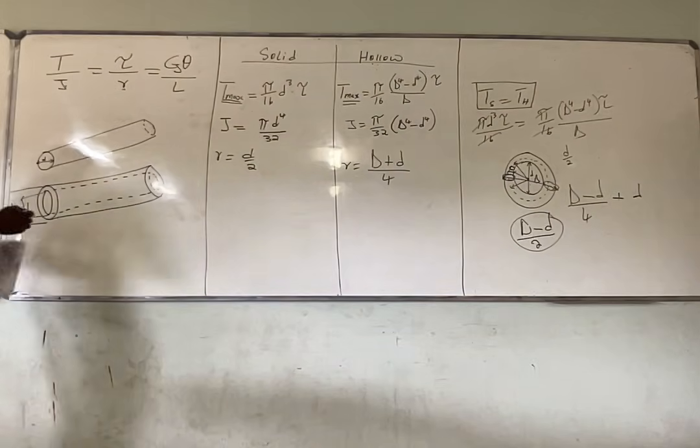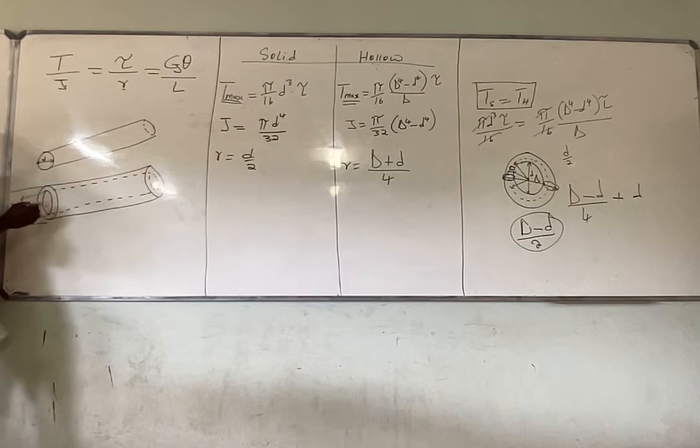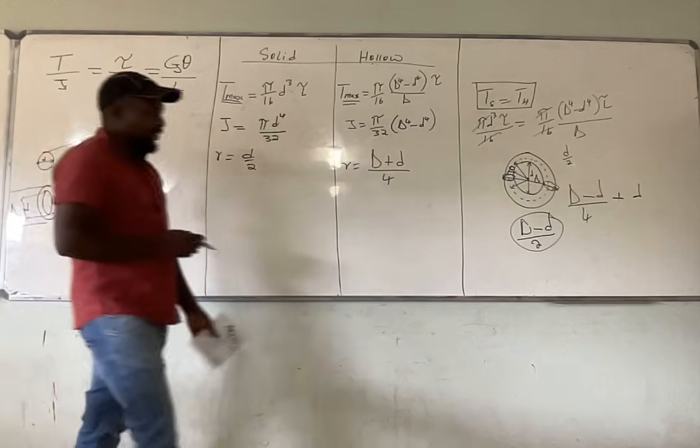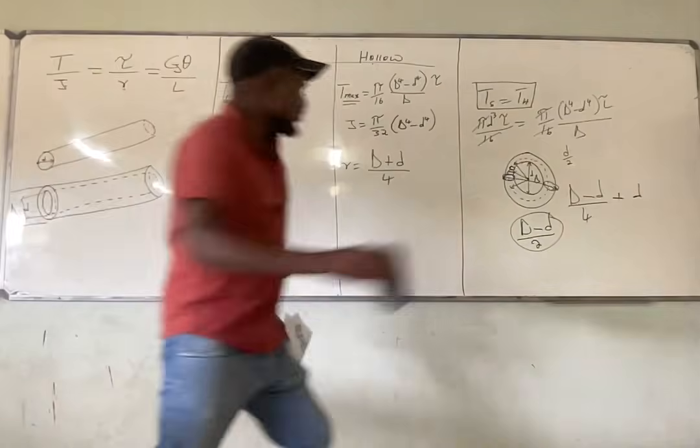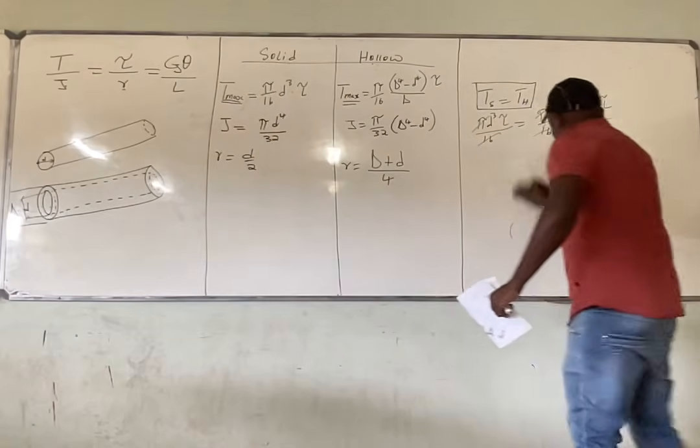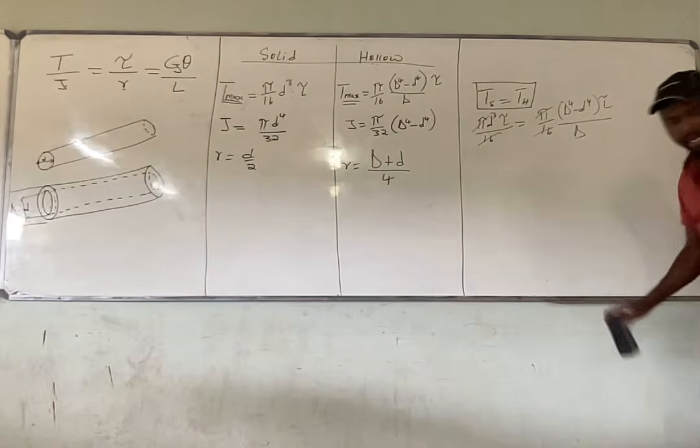This radius, you did not get it from the smaller radius, you did not get it from the outside radius. It's a mean, the one in the middle. The mean diameter.